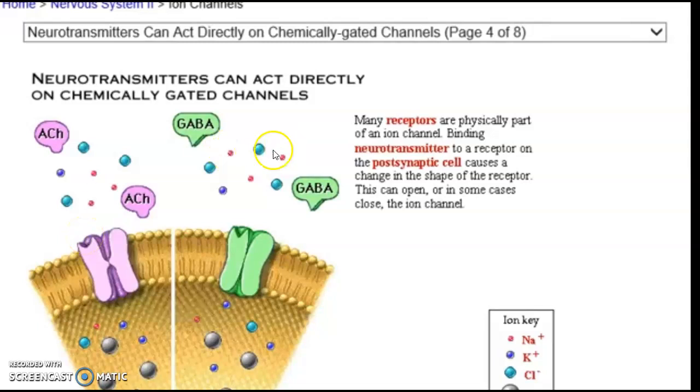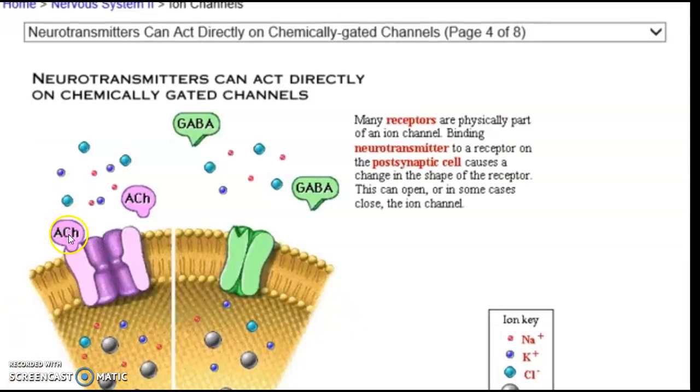But we need to understand that there's also an indirect action where the neurotransmitter goes to a doorway, but instead of opening up directly, it sends a cascade of events, triggering several events that eventually opens up a doorway.